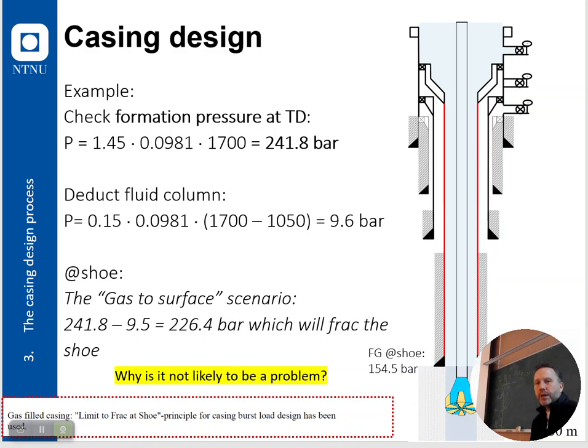There is a potential for that, then your input numbers need to be wrong as I see it. I'm trying to figure out how the weaker formations in the shallower open hole section would not be accessible or plugged in a way.